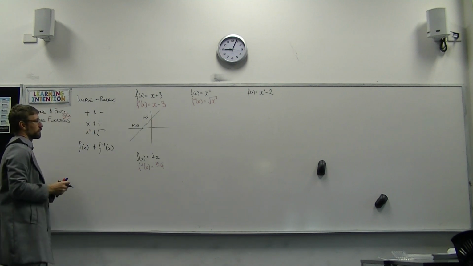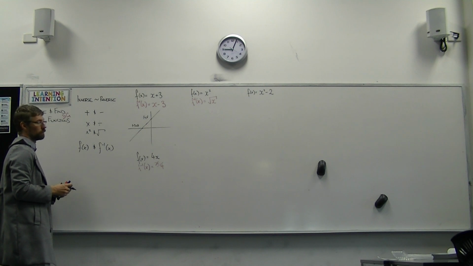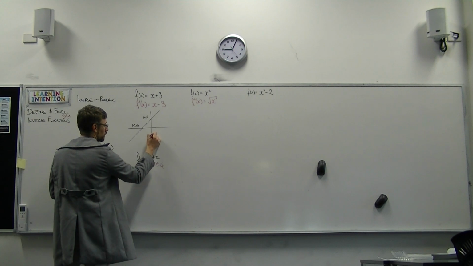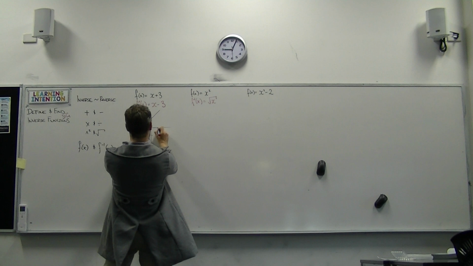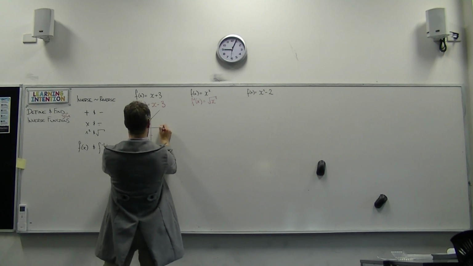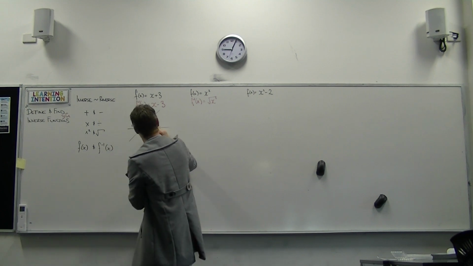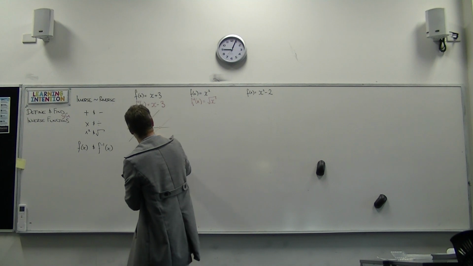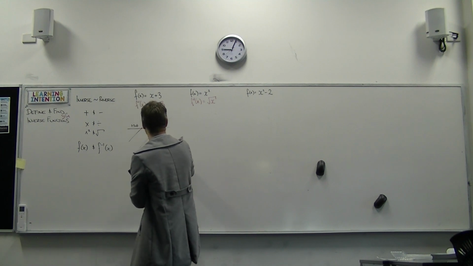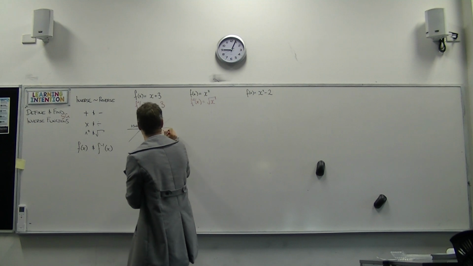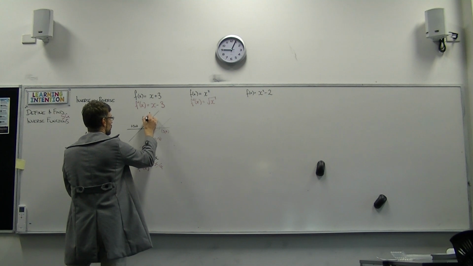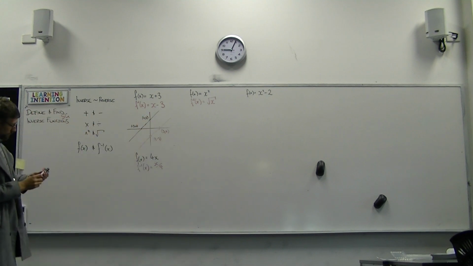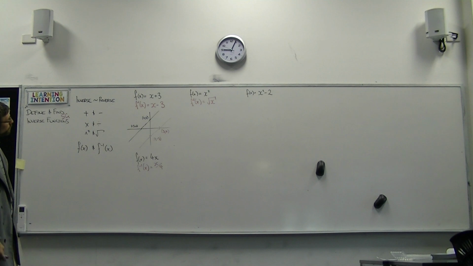Alright, x minus 3, where does that go? Through y equals minus 3, and plus 3. There you are. Cool. Well, that's interesting. They're parallel.